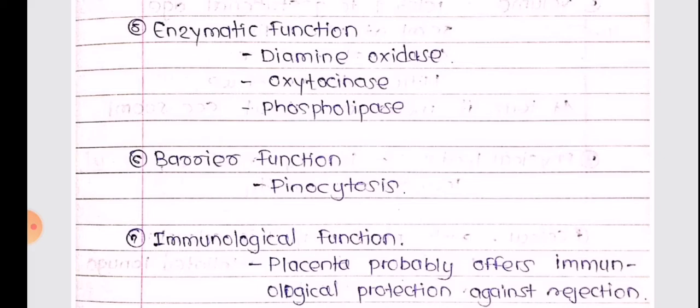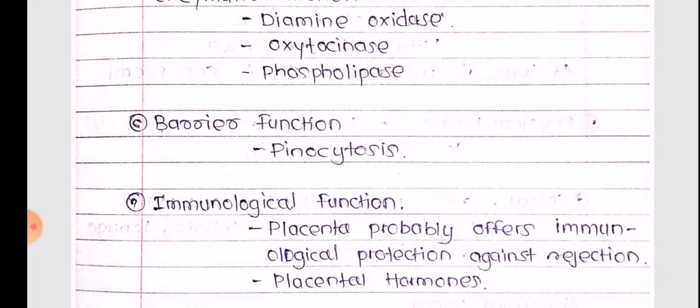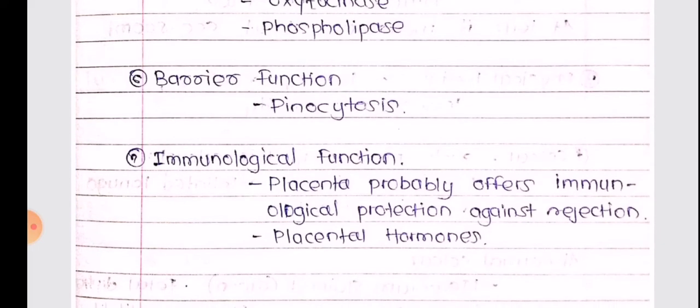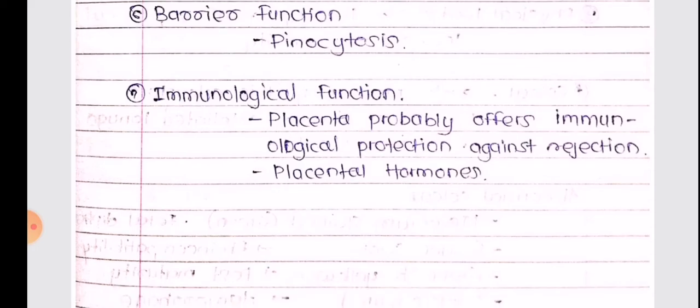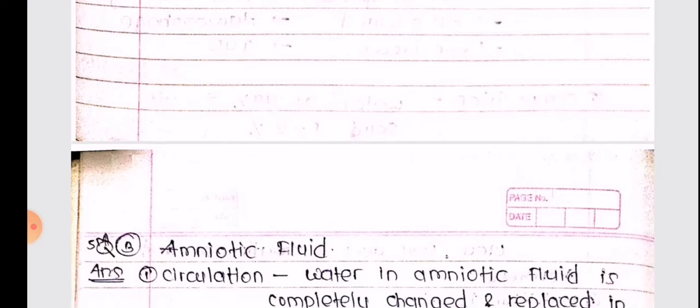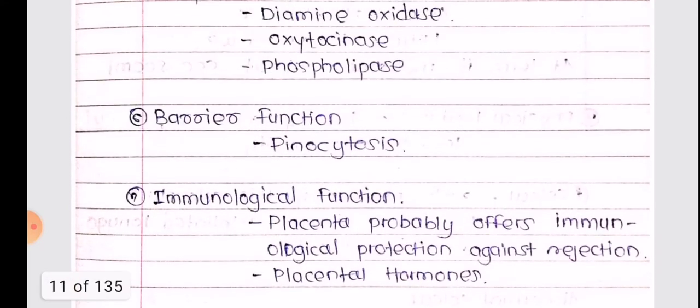Barrier function, which includes pinocytosis, which is engulfment of fluid. In immunological function, placenta probably offers immunological protection against rejection, and it also secretes the placental hormones, which we'll be covering in detail in our next videos.